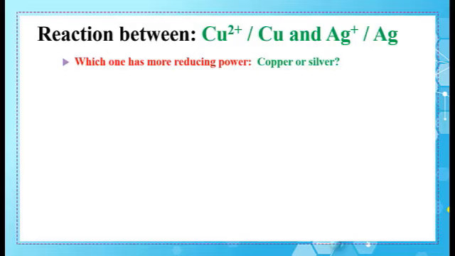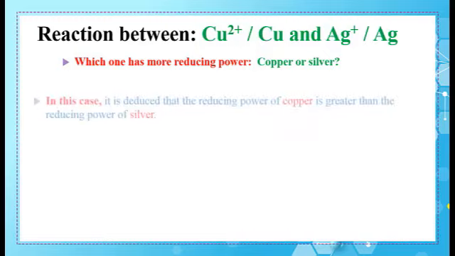Which of these metals has a greater reducing power? Is it copper or silver? In the previous slide we said that copper can reduce Ag+, while silver cannot reduce Cu2+.